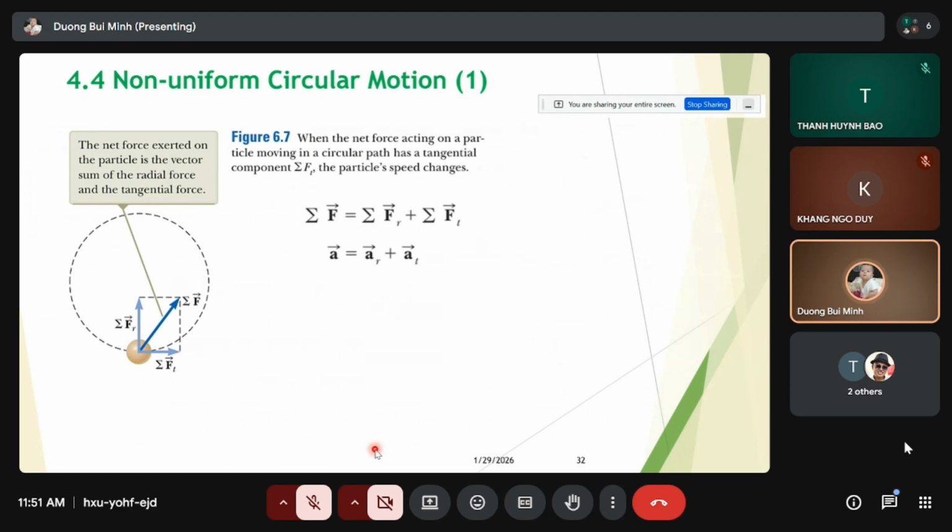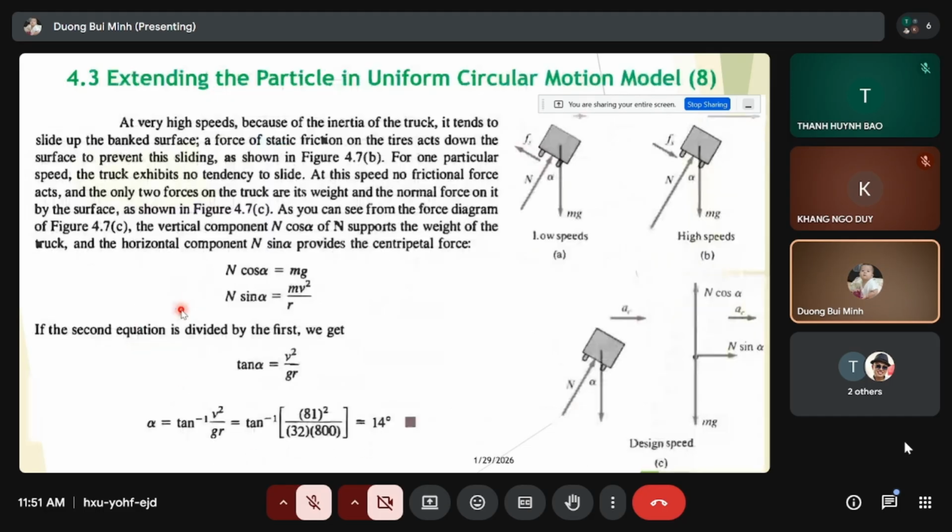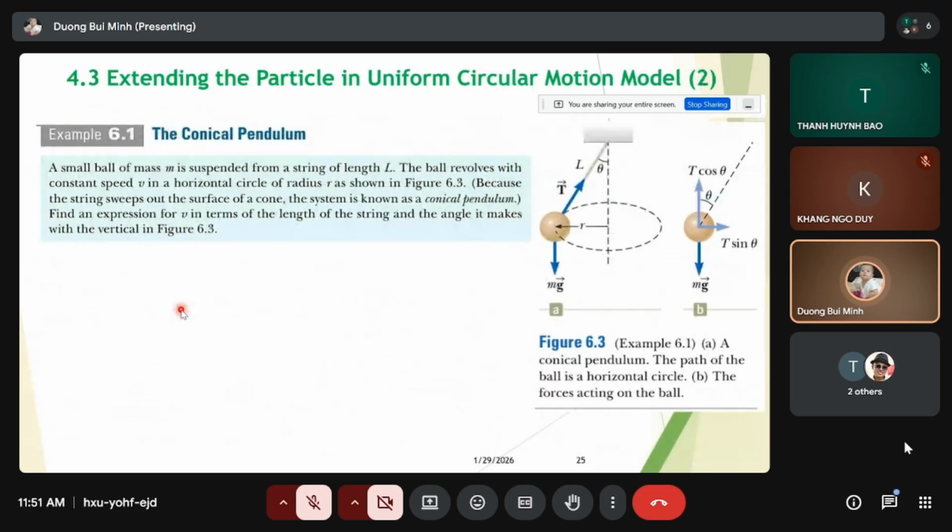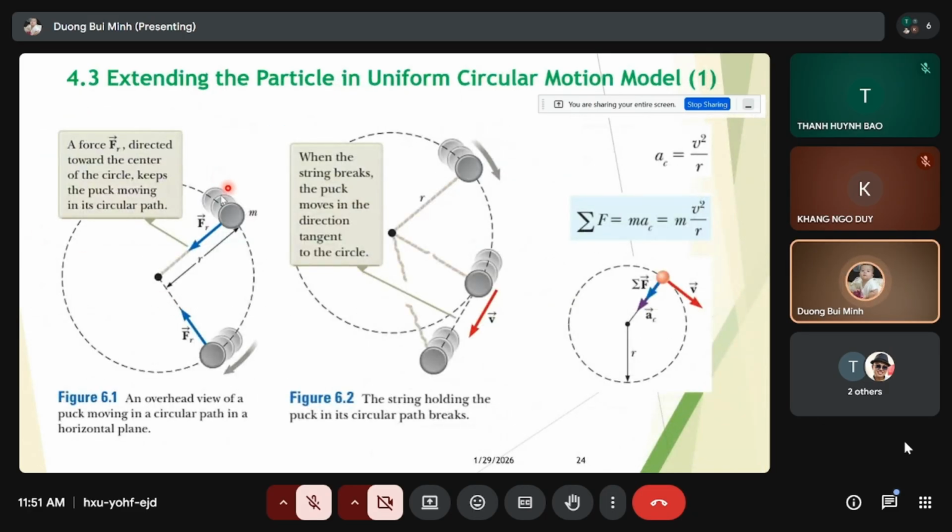Non-uniform circular motions. Why do we say non-uniform? Because look, we have the total force. If it were uniform, the total force would point toward the center of the circle.